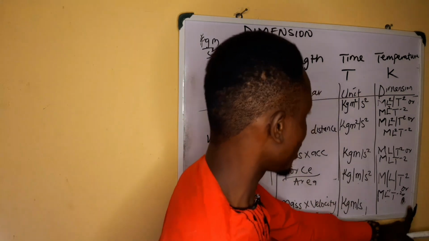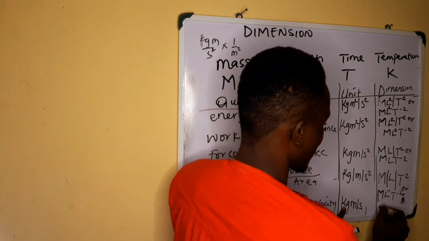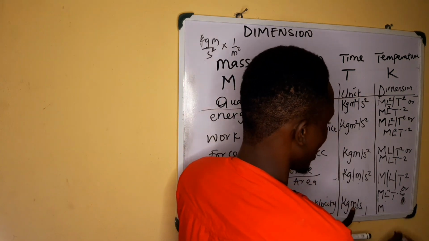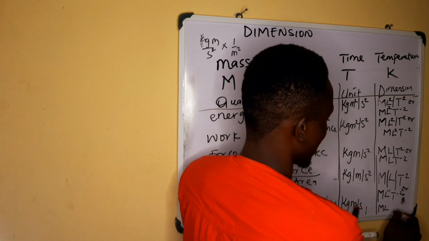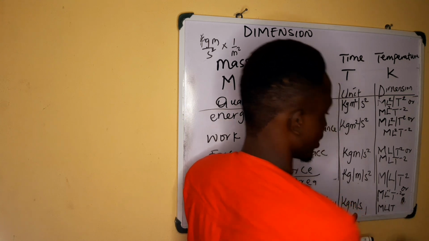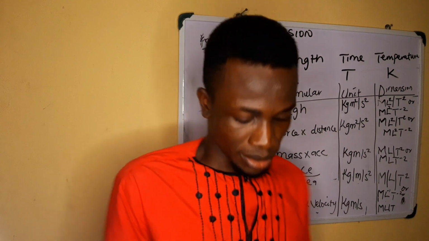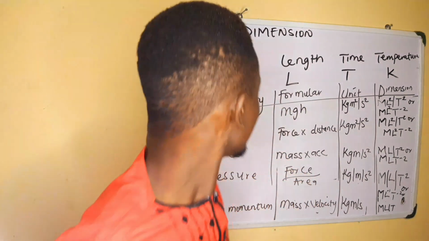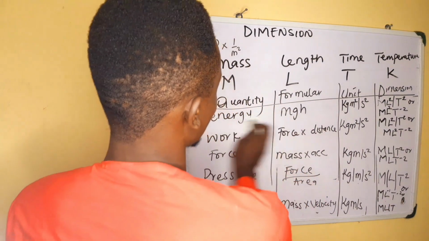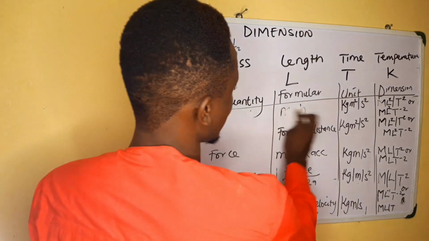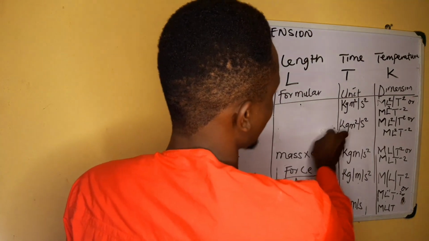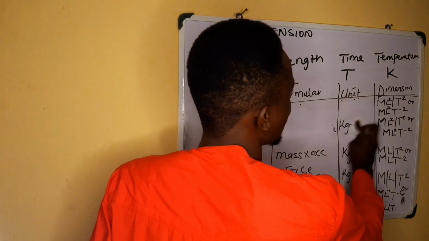So the dimension is now going to be kg represents M for mass, then m represents L for length, then slash T. Okay, so we're still on. I'm going to clean this and still continue because there are still more that I have to cover. I hope you are following.